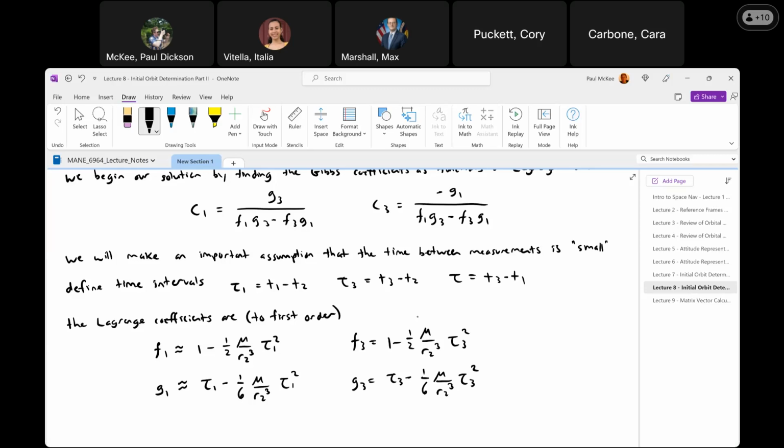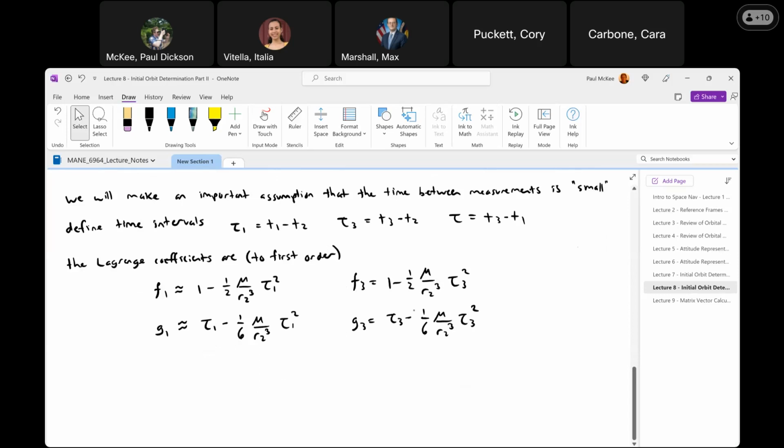And that gives us these, which means, if we zoom out for a minute, because I know it's easy to get lost in the math, that we can plug these in to the equations above for C1 and C3, the Gibbs coefficients. And so this allows us to approximate the Gibbs coefficients as functions of time.